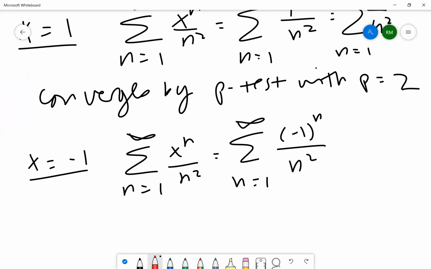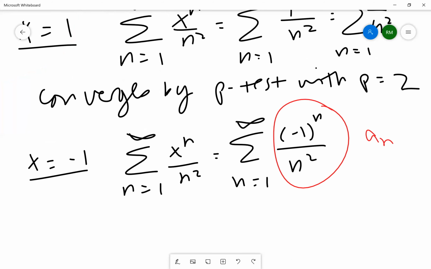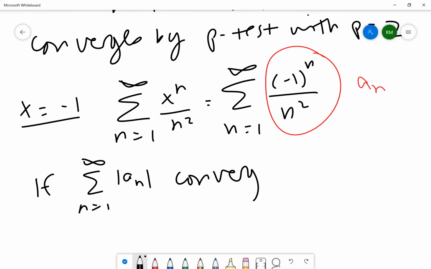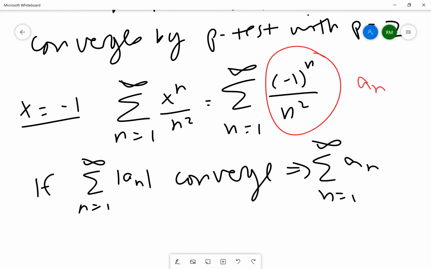I'm going to show you something that we maybe have not done a whole lot. If this is my term a_n, we know that if the sum of the absolute values of the a_n converges, this will tell us that the sum of the a_n's converges as well.